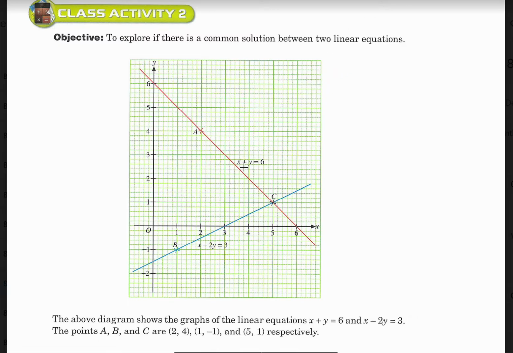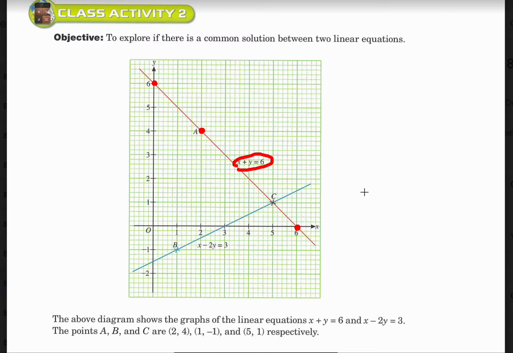We have x plus y equals 6 in red. And we have the x minus 2y equals 3 plotted out for you in blue. You'll notice they intersect at a point. And all along those lines, we see solutions that work for them.